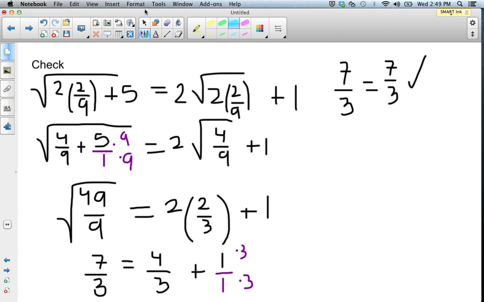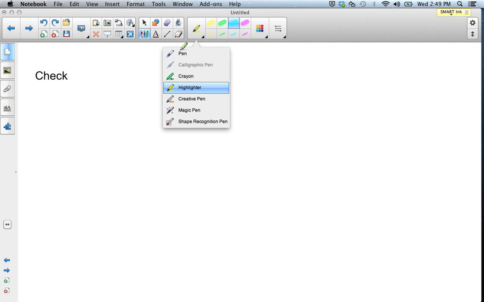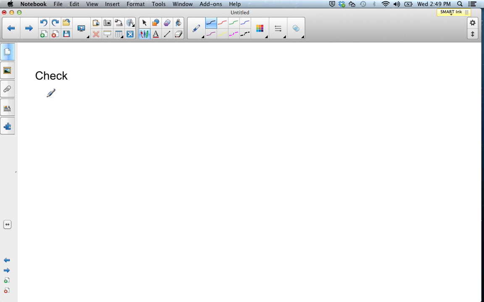Alright, now let's check the 2. 2 should be a little bit easier because we don't have fractions. Check. What was our original problem? I forget.